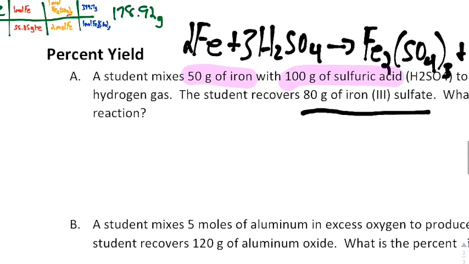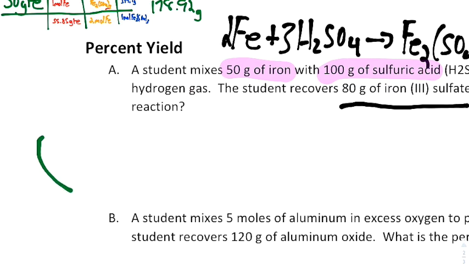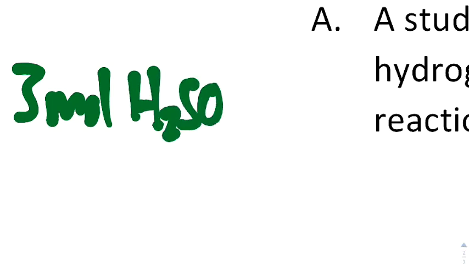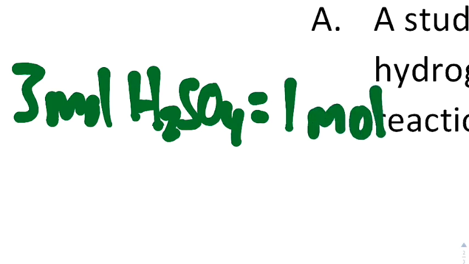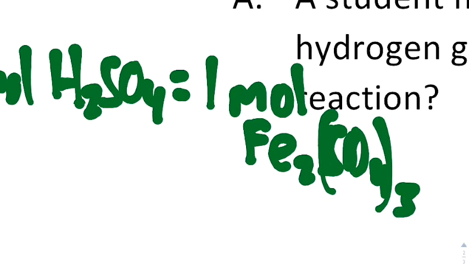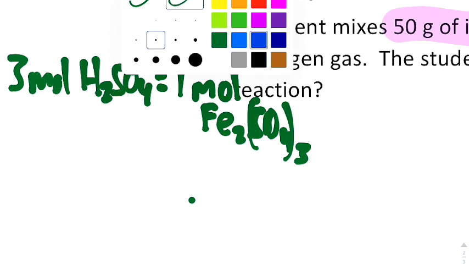So the mole ratio between sulfuric acid and our iron 3 sulfate is 3:1. So we go ahead and write that down. 3 moles of H2SO4 equals 1 mole of Fe2(SO4)3. Okay, and then we also need the molar mass of our sulfuric acid.